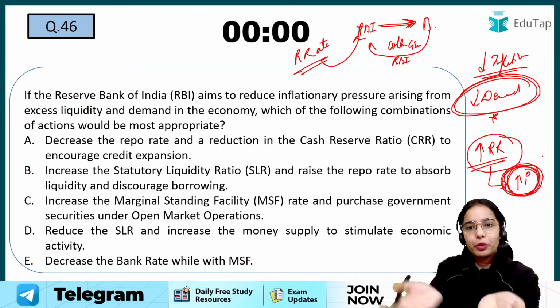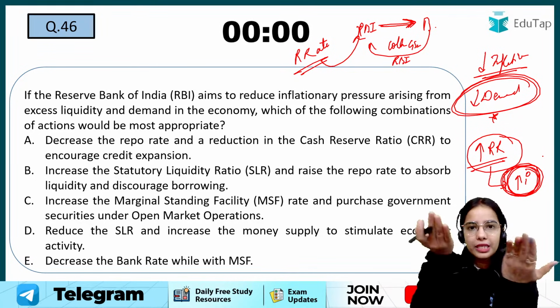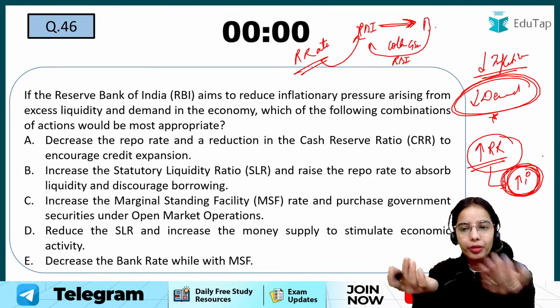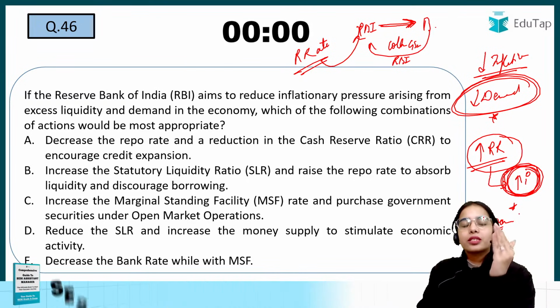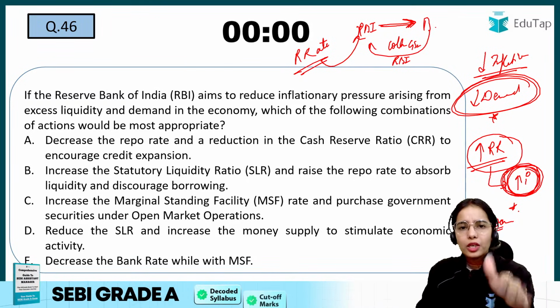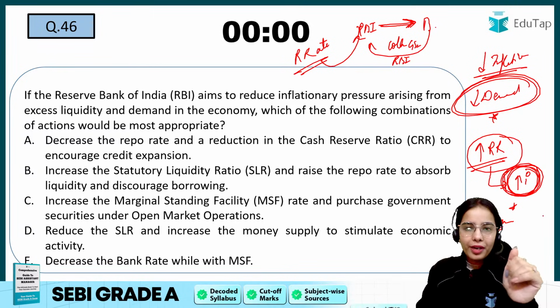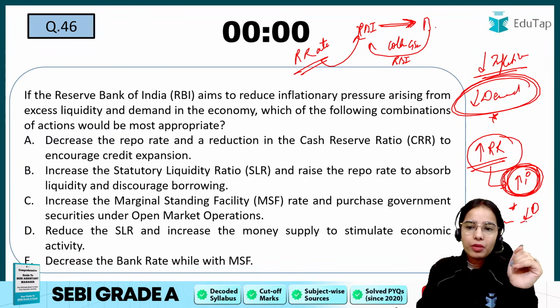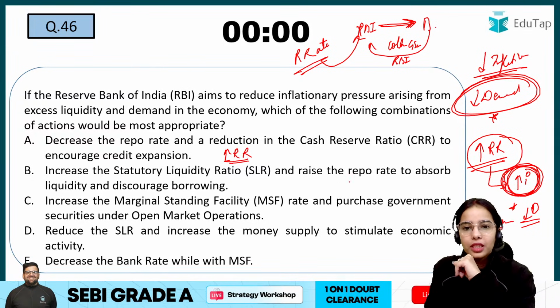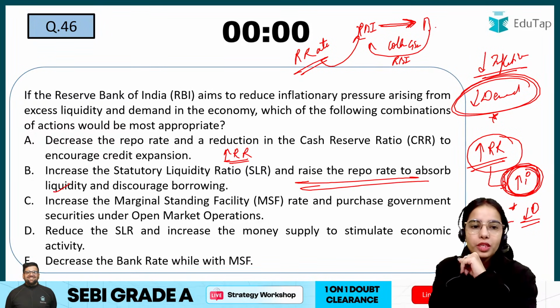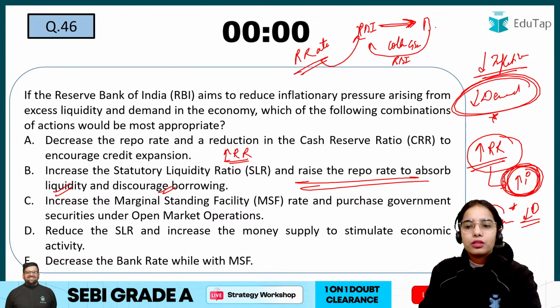At the higher interest rate, fewer people will take loans. If fewer people are taking home loans and car loans, fewer cars and mobile phones will be sold, so there will be less demand. So the RBI can increase the repo rate to absorb the liquidity and discourage borrowing.